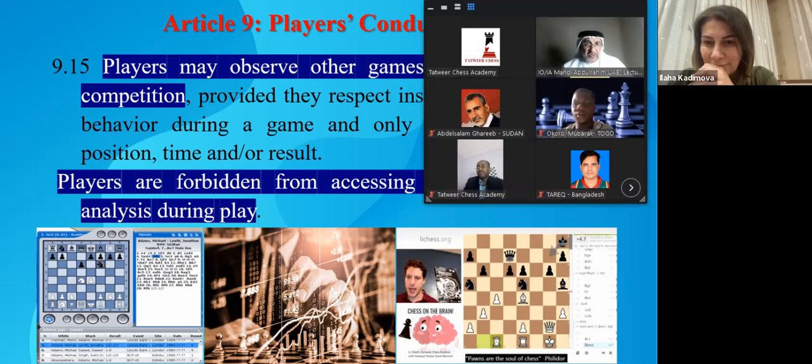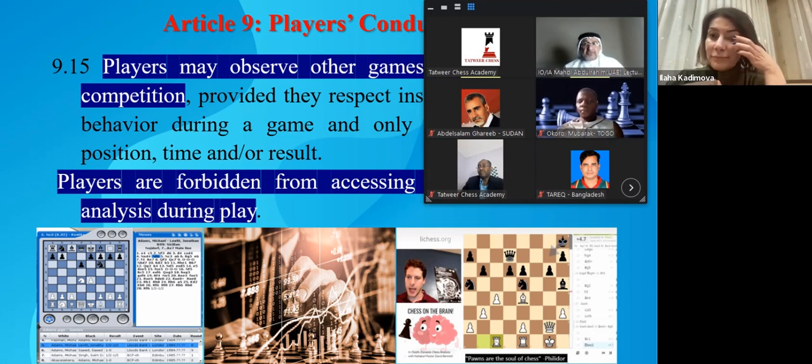By yourself you cannot use any device. Only one device, either laptop or computer, one only. Even mobile is not allowed. But after permission of the chief arbiter, you can use a mobile as a second camera, a side camera, to cover the area where you are playing only, but you cannot use two devices.